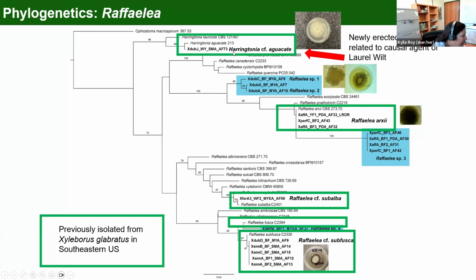And actually, in one of the ambrosia beetles, I have found a closely related fungal species, Harringtonia aguacate. And it was alarming to me that just from our really limited sample size, we were able to find something so closely related to laurel wilt.